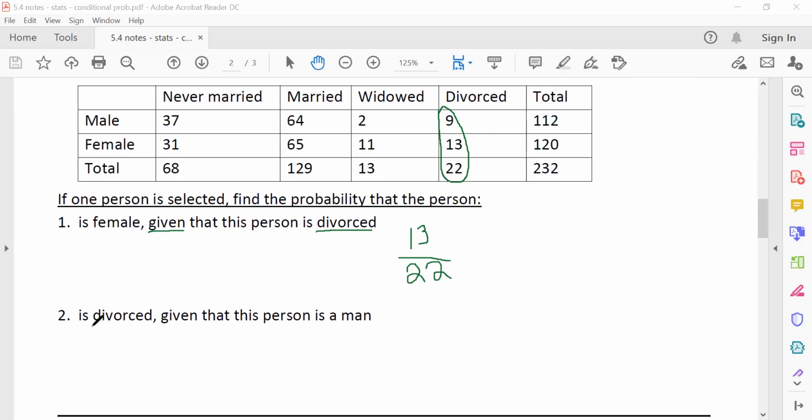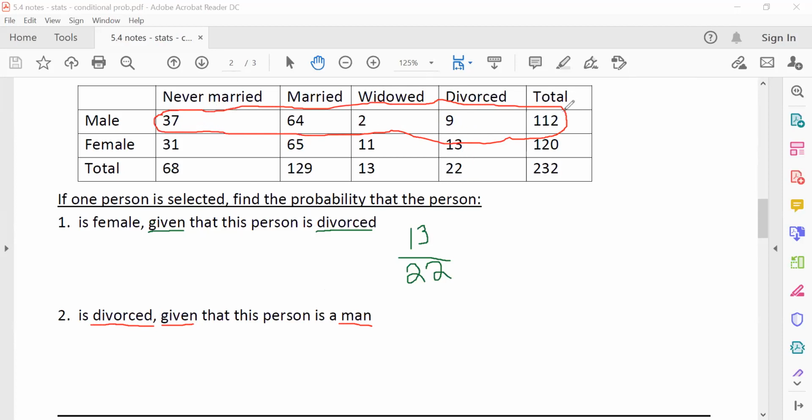Now let's look at this next one. It wants to know if we select one person at random, find the probability that the person is divorced given that the person is a man. So now what we're given is that they are male. And males then comprise this row here. So we're not looking at the entire table anymore.